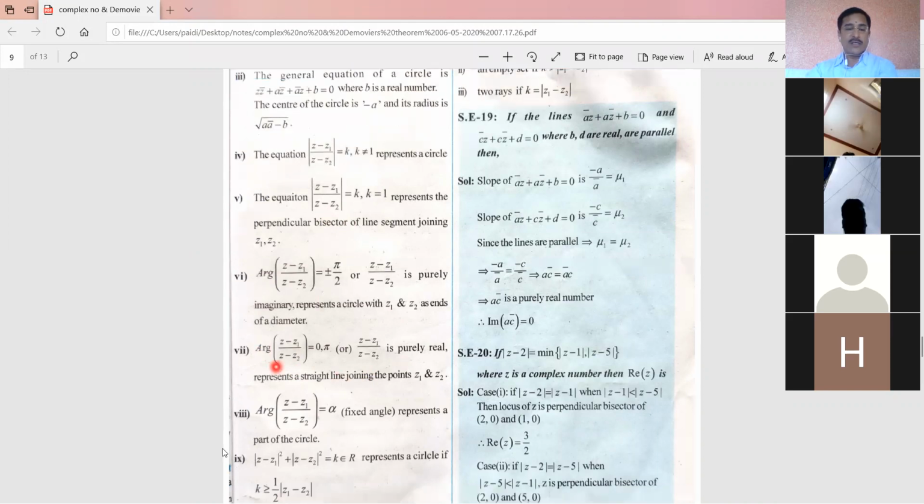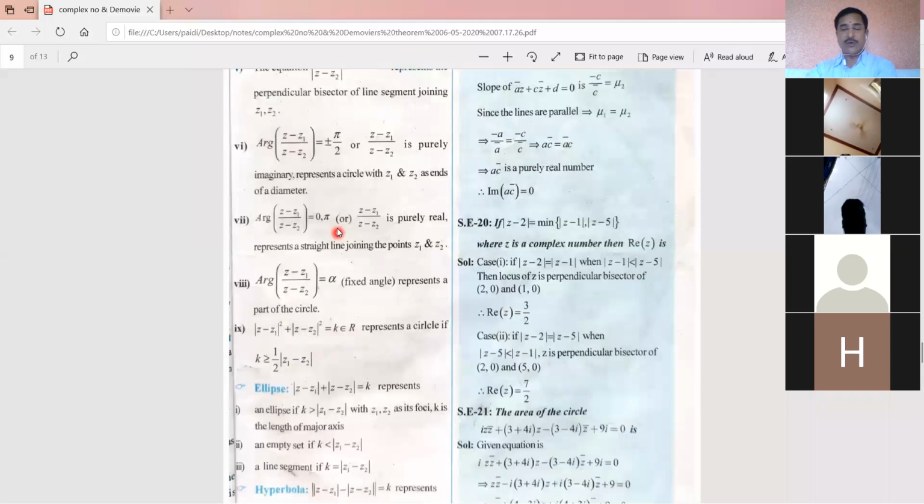Similarly, if argument of z minus z1 by z minus z2 is 0 or pi, or z minus z1 by z minus z2 is purely real, then it represents a straight line joining the 2 points z1 and z2. This is important. So these conditions are important, from this 4th condition to this 9th condition and the 10th, the ellipse conditions.